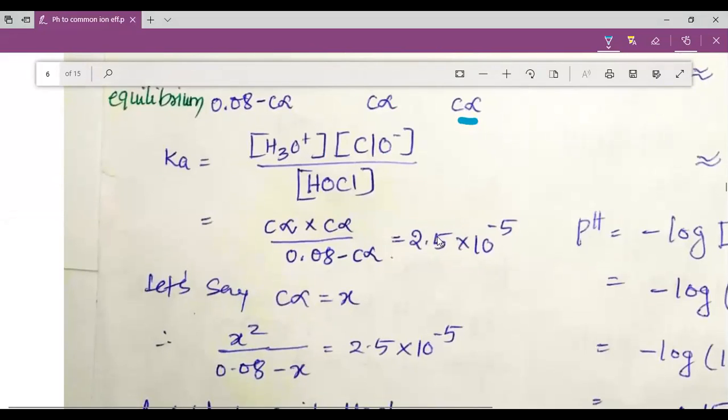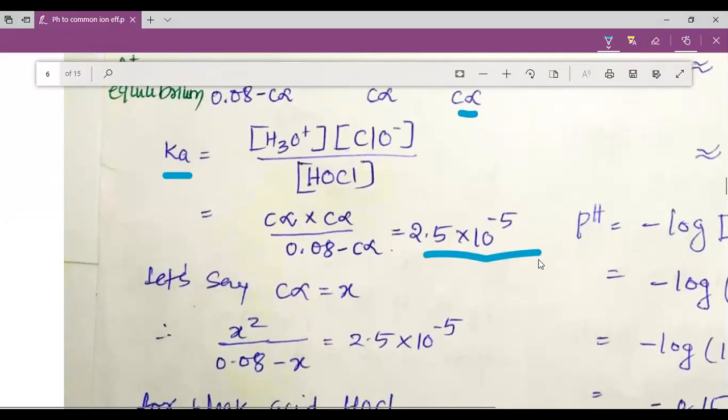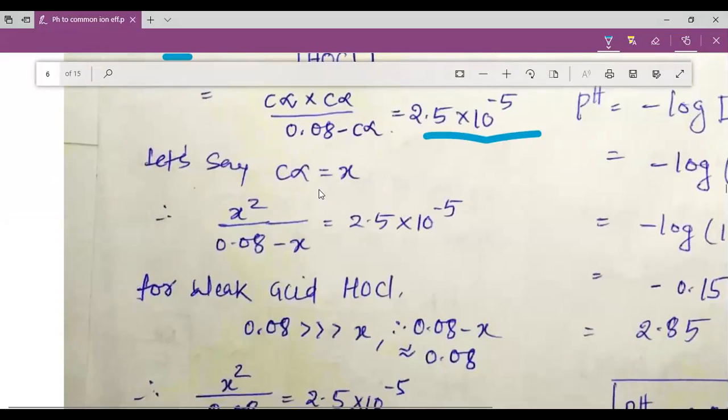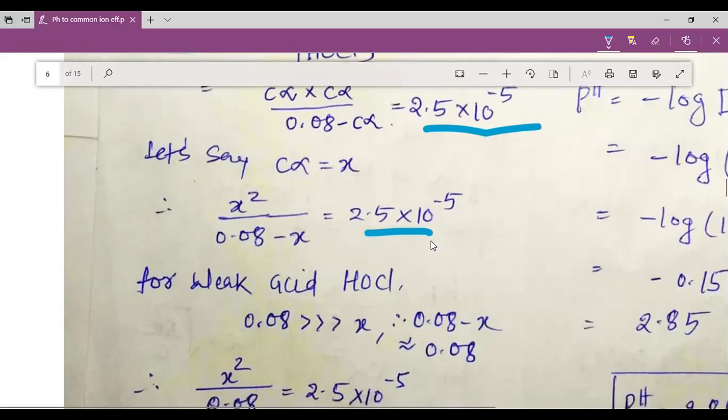So let us put these values. The value of Ka is already given in the question, which is 2.5 into 10 to the power minus 5. Now let us say C alpha is equal to x. So we will write x into x, that is x square divided by 0.08 minus x is equal to 2.5 into 10 to the power minus 5.